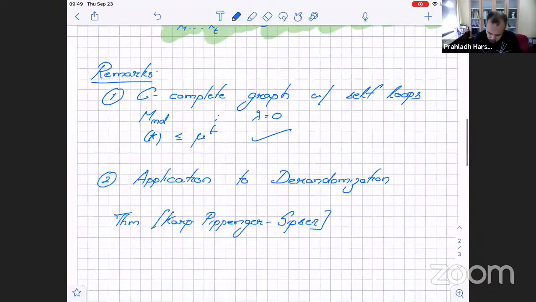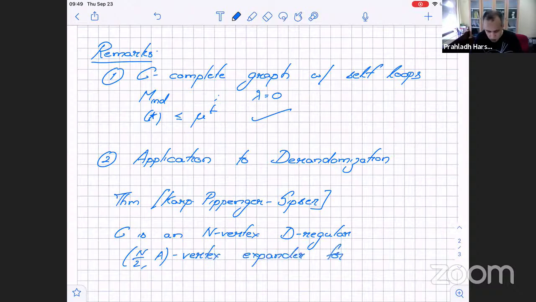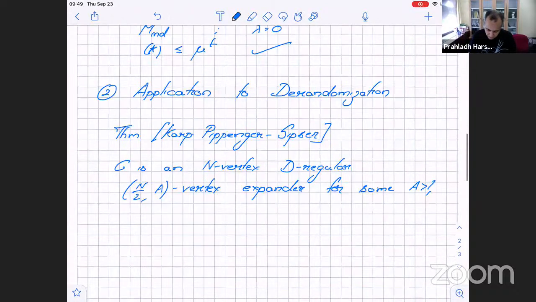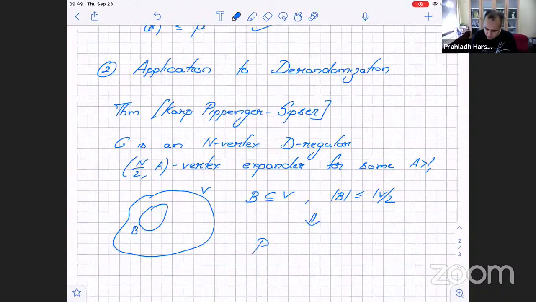It said the following: if G is an n vertex d-regular n by 2/a vertex expander for some a strictly larger than 1, and B is some set of vertices such that |B| is less than or equal to n/2, then you pick a random vertex from pi and look at a t radius ball around it. What is the probability that the entire ball B(v,t) is contained in B?